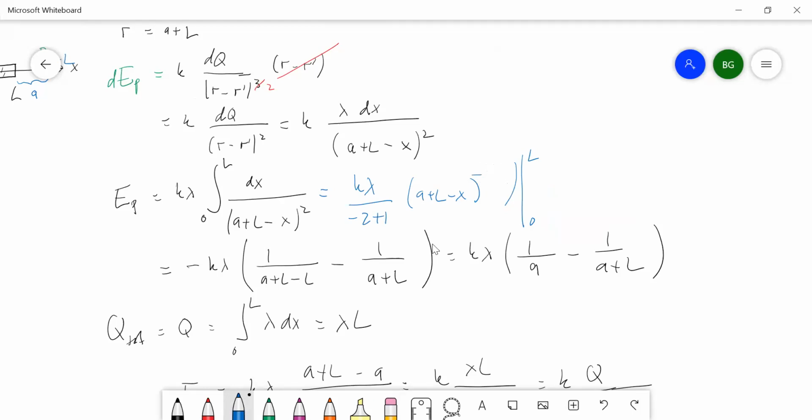If we replace x by its boundaries, 0 and L, we finally get the electric field at P like this.